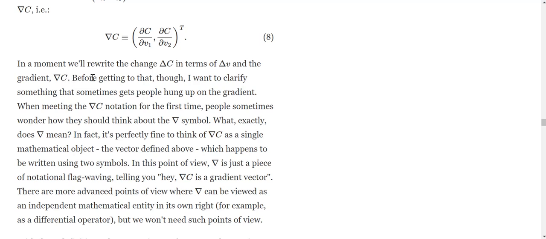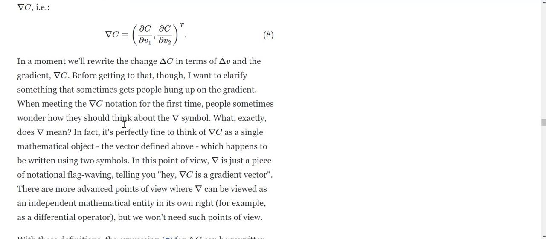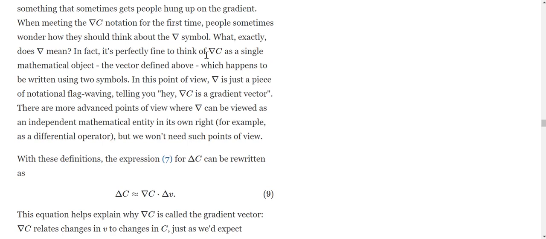Before getting to that, though, I want to clarify something that sometimes people get hung up on. When meeting the gradient C notation for the first time, people sometimes wonder how they should think about the gradient symbol. What exactly does it mean? In fact, it's perfectly fine to think of gradient C as a single mathematical object, the vector defined above, which happens to be written using two symbols.